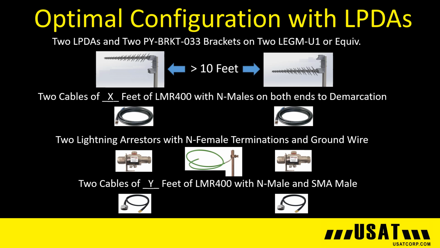Although with the antennas spaced 10 feet apart, the polarization is much less important. Definitely use LMR 400 coax to your demarcation point, which is where you enter a building or a box if it is an outdoor application. At that point, you install the lightning arresters with ground wires as short as possible to a solid ground such as a ground rod, then short jumpers from the arresters to your cell gateway or router.